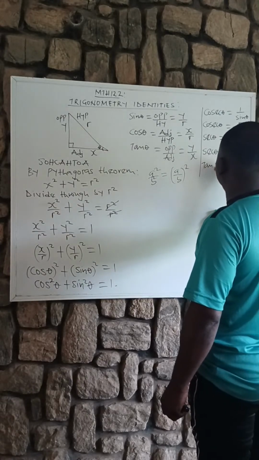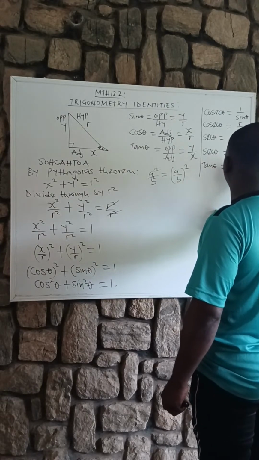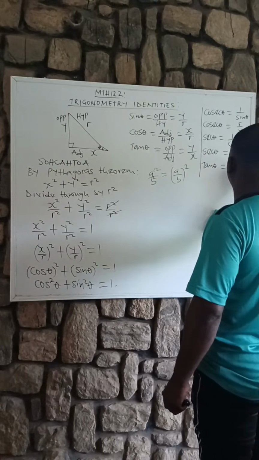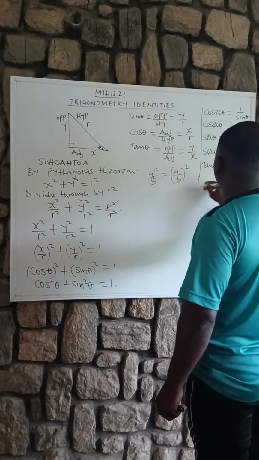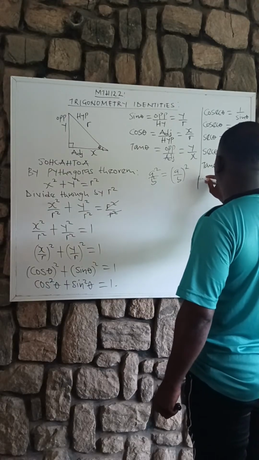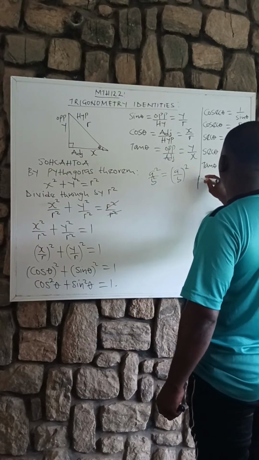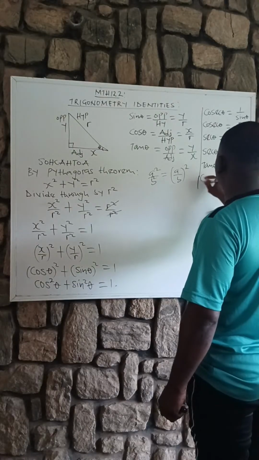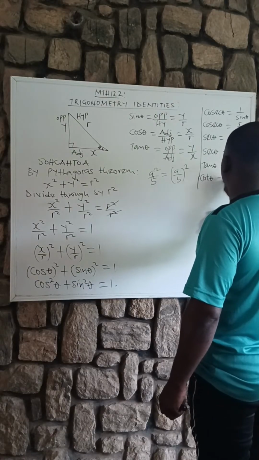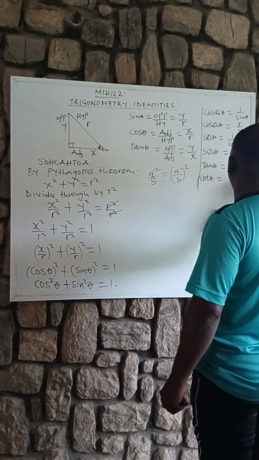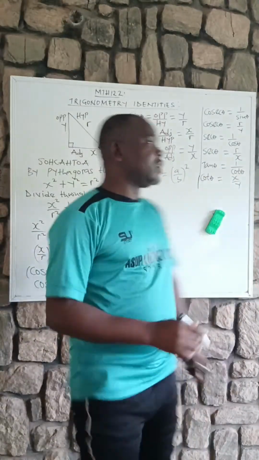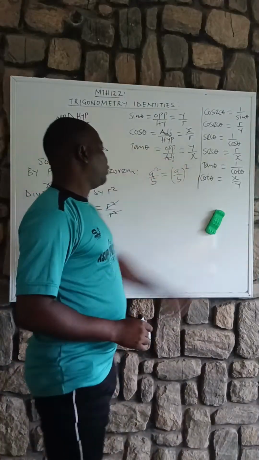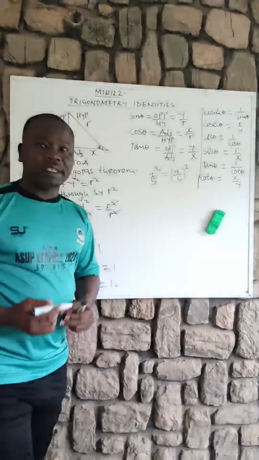Then tan theta is equal to 1 over cot theta, this is tan inverse. So this implies that our cot theta is equal to x over y. Take note. So we'll be using this to prove the identities.